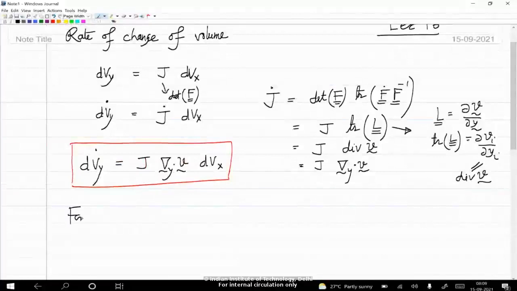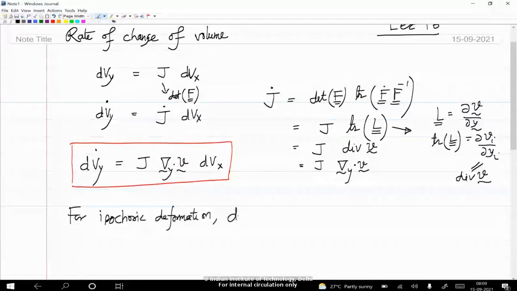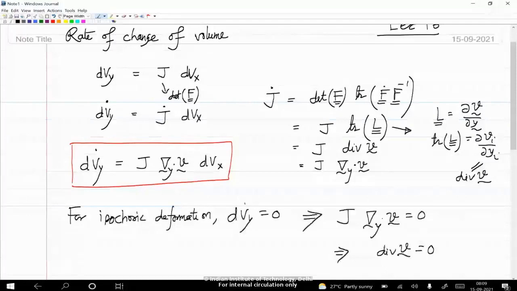So isochoric means no change in volume. dvy dot should be equal to 0. That means J times divergence of velocity should be equal to 0, which further implies that the divergence of velocity itself is 0, isn't it? Because J is never equal to 0.